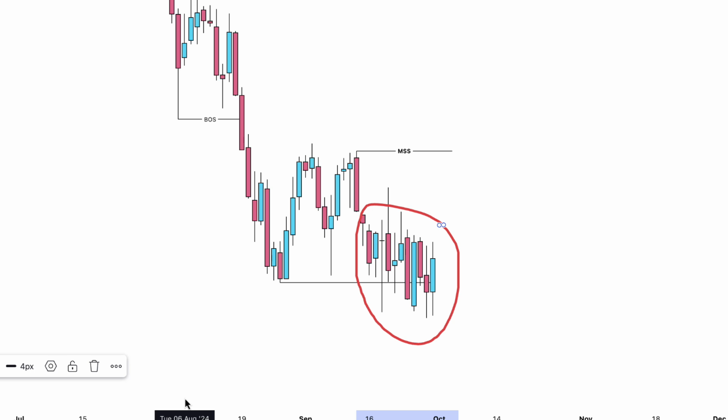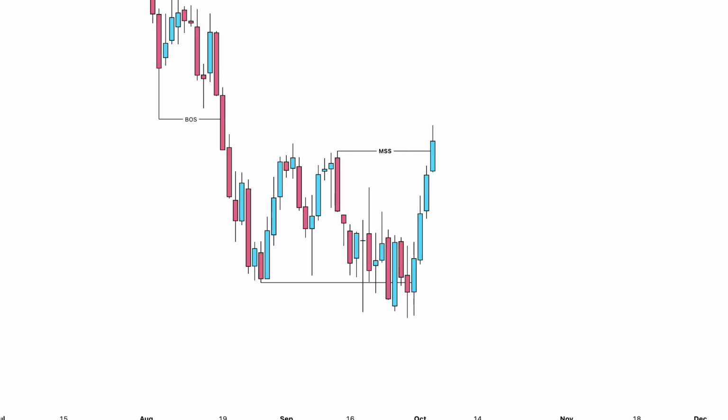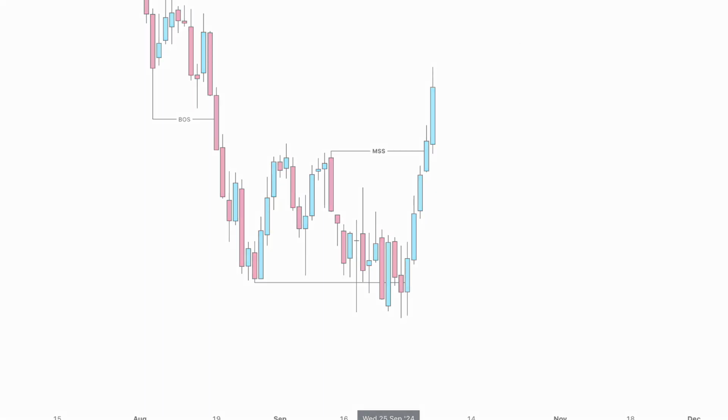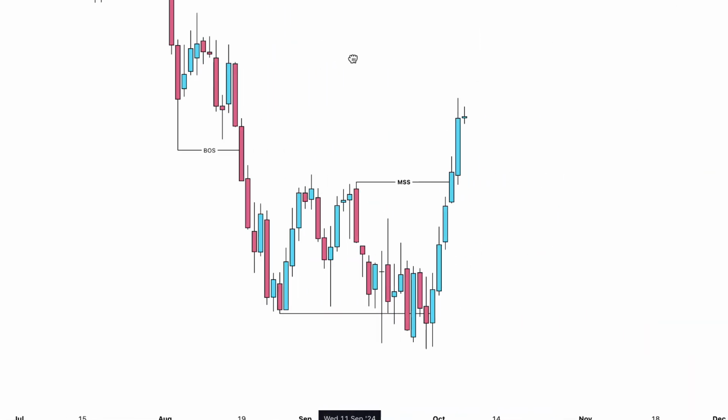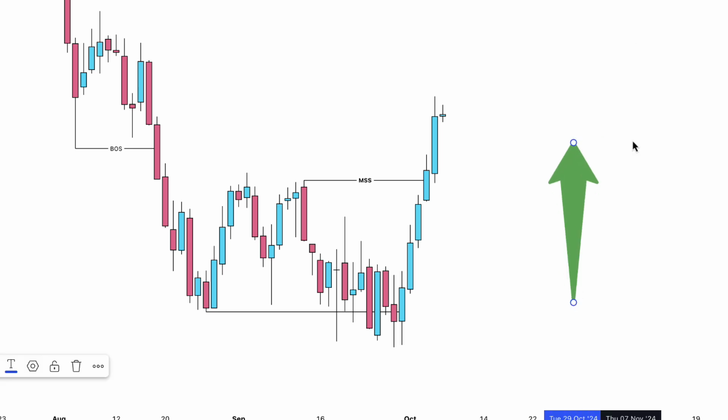So now that we finally have price shifting structure above, it means we have a direction for price. And what is the direction? From what we are seeing, we are bullish. So that is it on the daily time frame. What is your bias for the daily time frame? It is bullish.